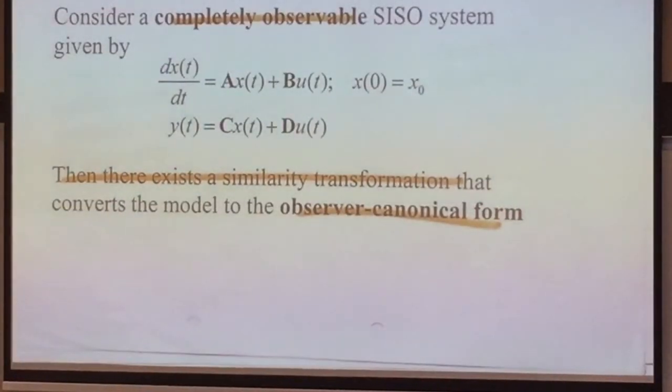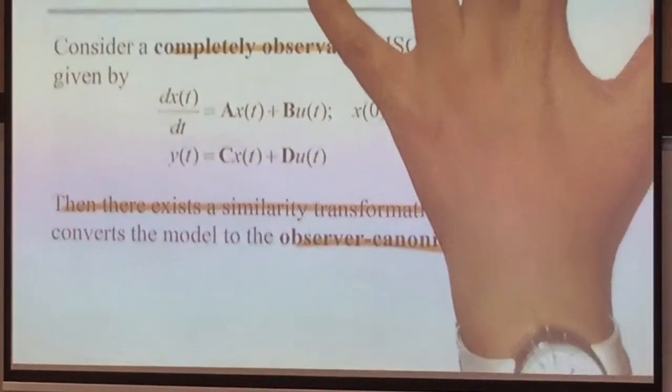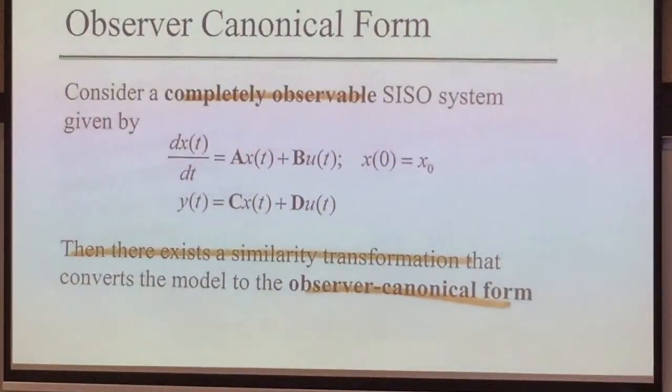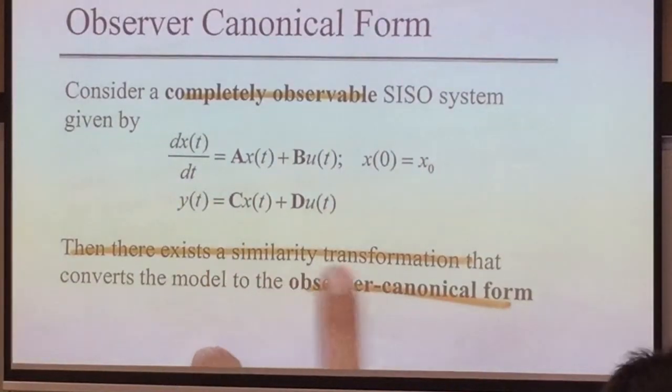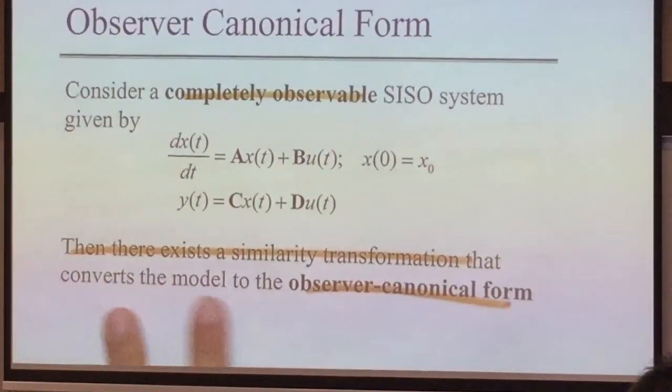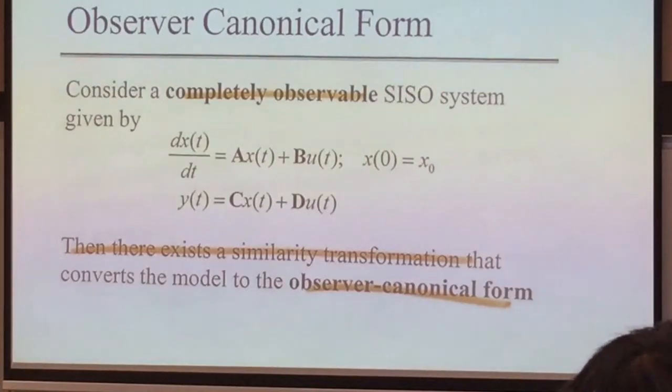So last two slides are the same as the controllable canonical form. We say that we consider a completely observable single input single output system like this, and there exists a similarity transformation that can convert the model to observable canonical form like this.